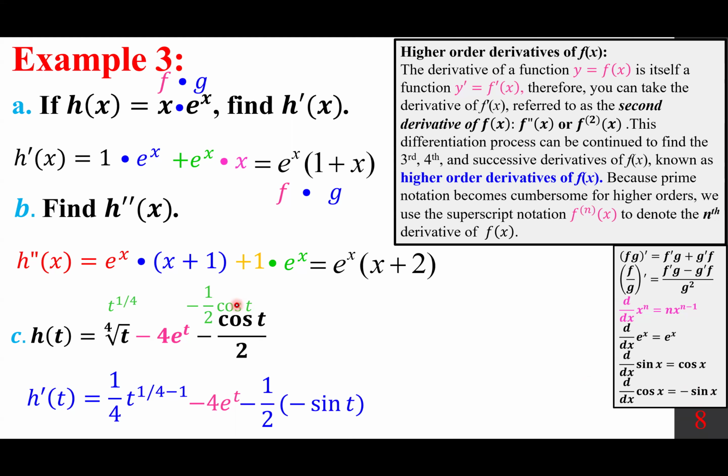So this is negative 3/4. You take this down, make it t to the power of negative 3/4, or 1/4 times the fourth root of t cubed. This doesn't change. This one and this one, plus 1/2 sine t, or plus sine t over 2. I put it in this format just to have the same format we receive. Not that it matters.